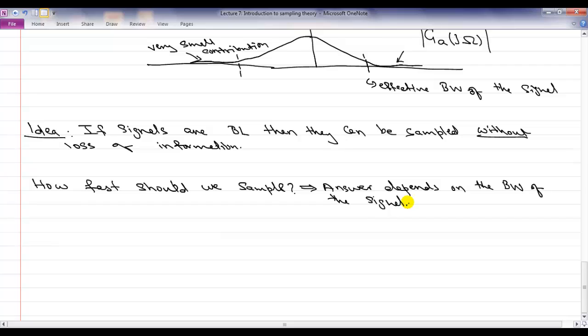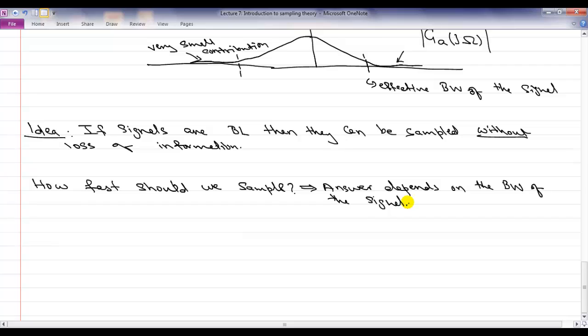That means that to prevent loss of information, you should sample them more often so that you don't lose any information between two samples. If a signal has a smaller bandwidth, then the sampling requirements go down. How often you have to sample goes down.